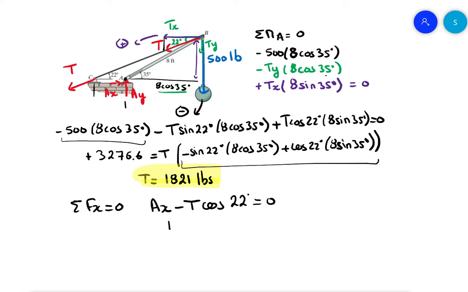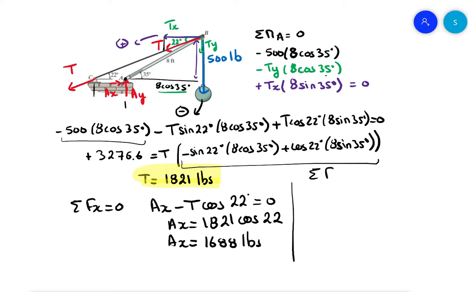That's equal to 0, so we have AX equal to 1821 cosine 22. That's 1688 pounds.